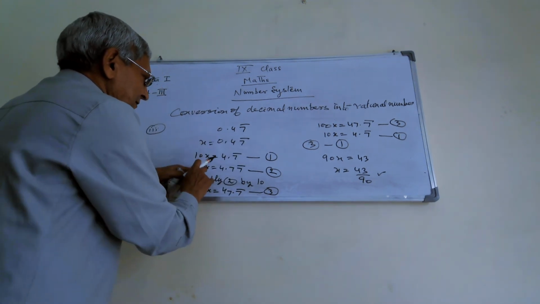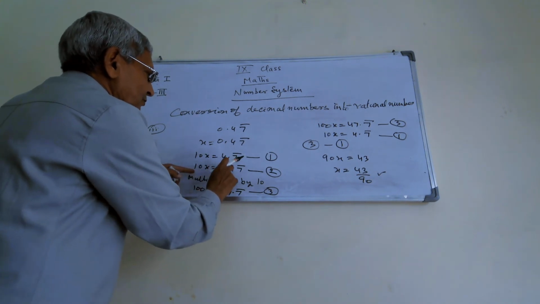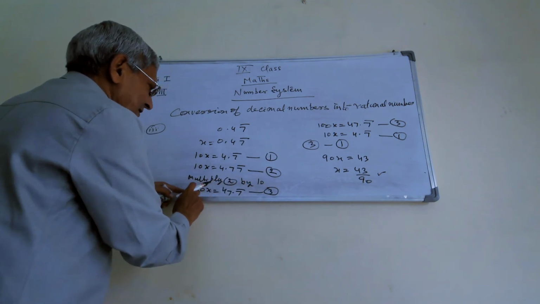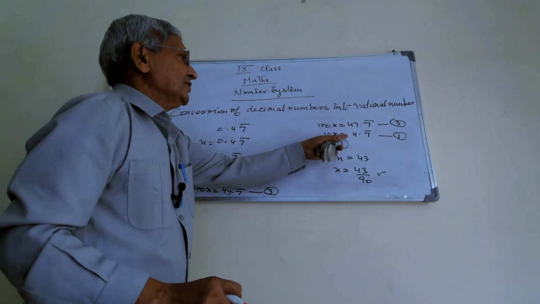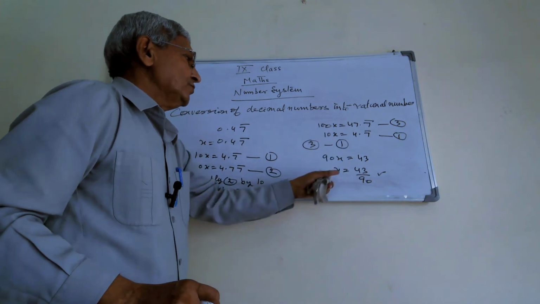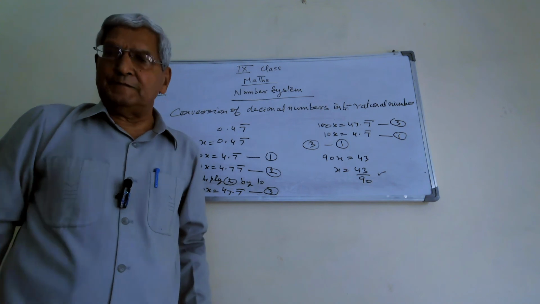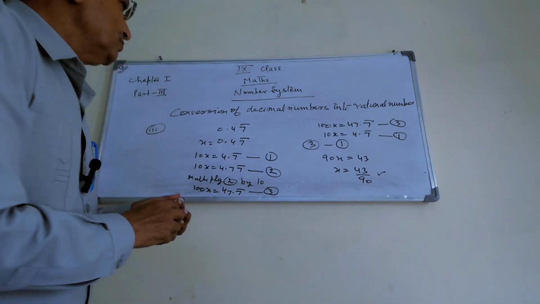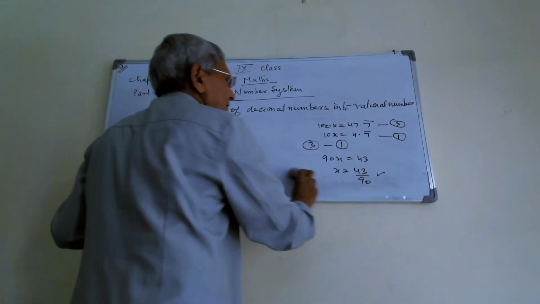Now again I write 10x is equal to 4.77 bar, multiply the second by 10 again, 100x is equal to 47.7 bar. And by subtracting, you will get 90x is equal to 43 and x is equal to 43 upon 90. This is the condition. You can take more examples in this way.